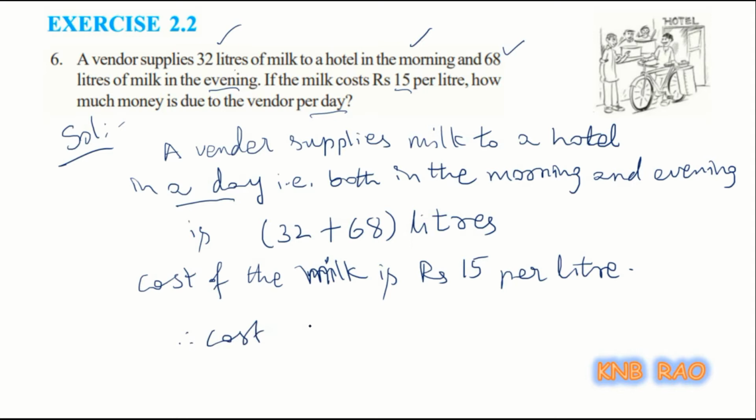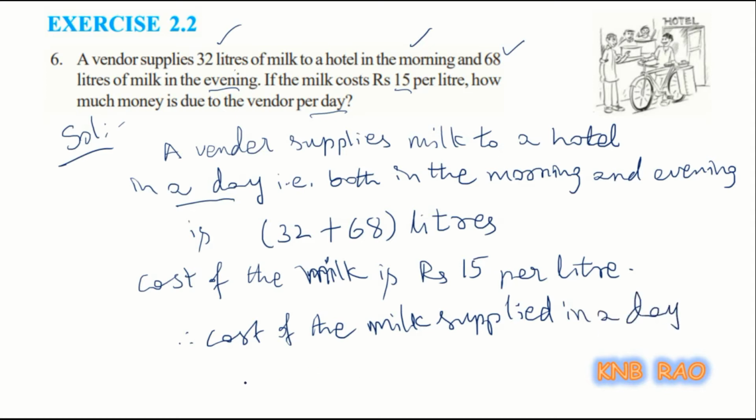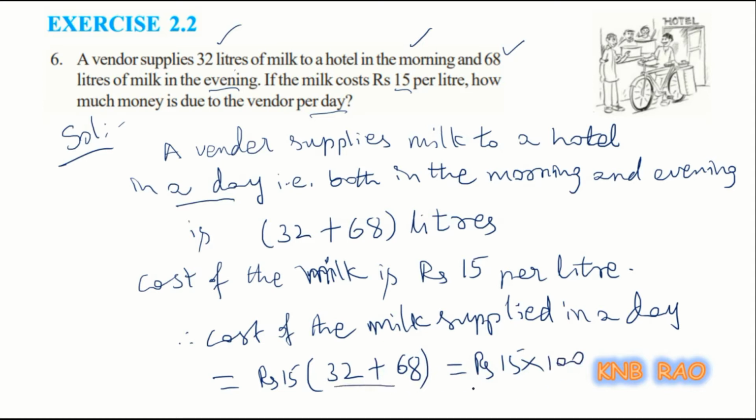Therefore, cost of the milk supplied in a day is equal to rupees 15 multiplied to 32 plus 68, which is rupees 15 multiplied to 100, because it is 100 liters. Therefore, rupees 1500 rupees. See children, this is how we make it.